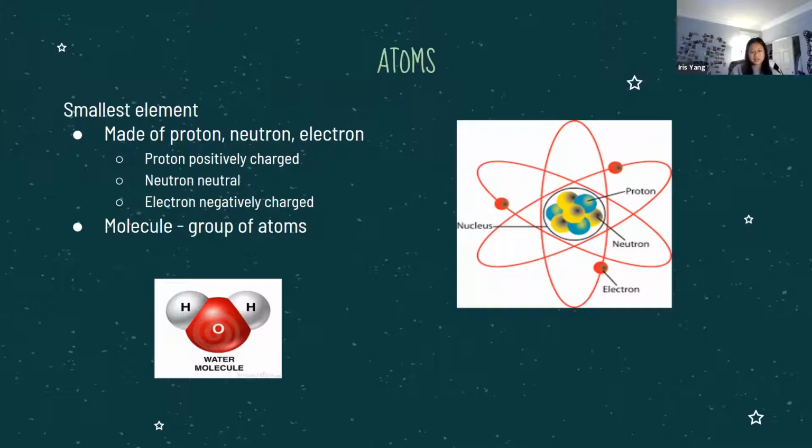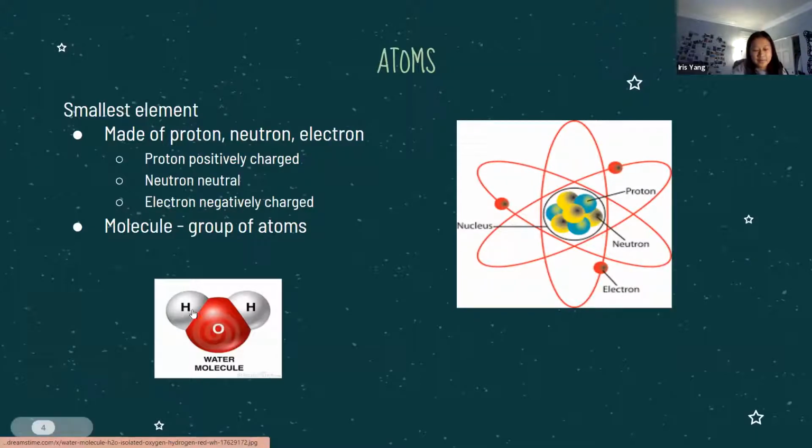I talked a little bit about it earlier, but a molecule is a group of atoms. You probably know this is a very famous molecule. It is water. We definitely need water to survive. Does anyone know what kind of atoms these are?